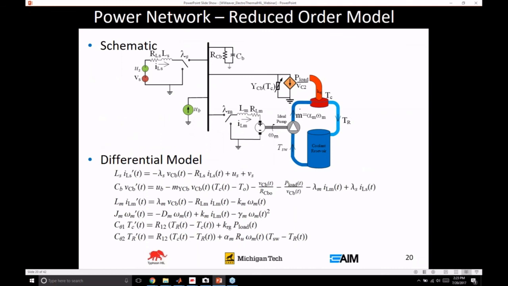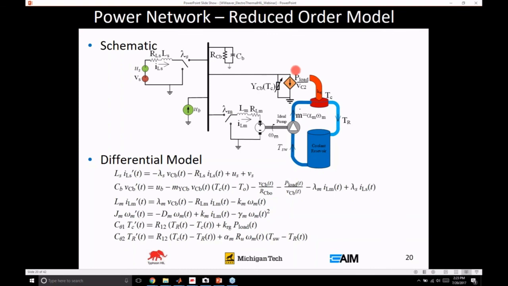So this is essentially the circuit that we're going to look at. There's a source that's kind of emulating the generator. There's a power distribution bus. There's a pump load system that circulates a cooling reservoir and cools the pulse power load here.